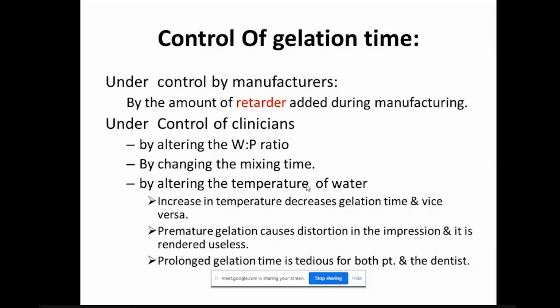How? By changing the water powder ratio, by changing the mixing time, and by changing the temperature of the water. If you increase the temperature, it can decrease the gel time. And if you use cold water, the gelation time will increase.